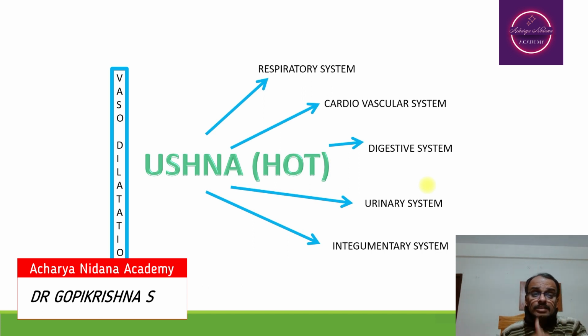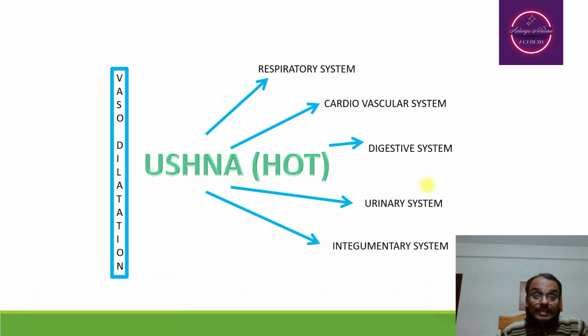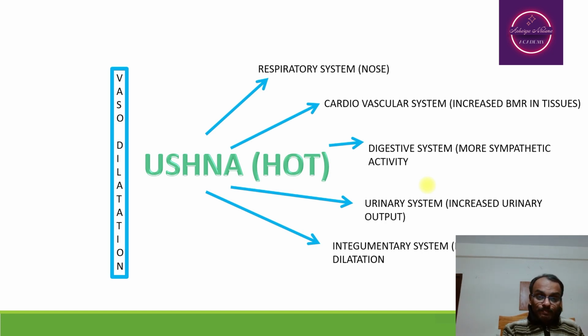As far as the integumentary system is concerned, the hot air results in peripheral vasodilatation, which in turn results in more sweat production, svedadhikyata, wherein the heat also gets eliminated via sweat. So this is what we have discussed.